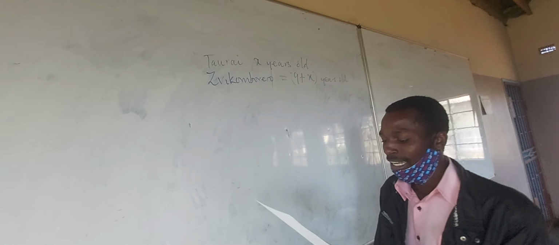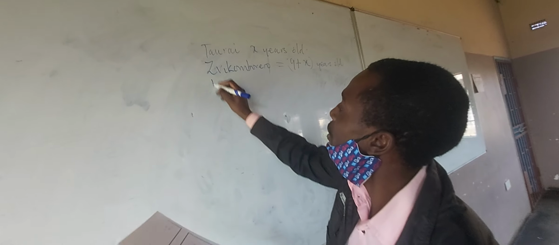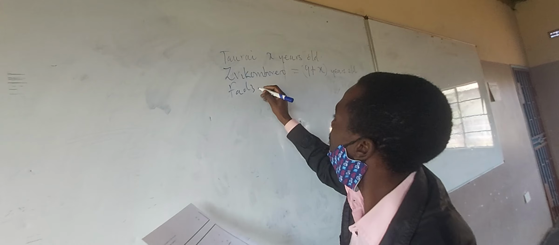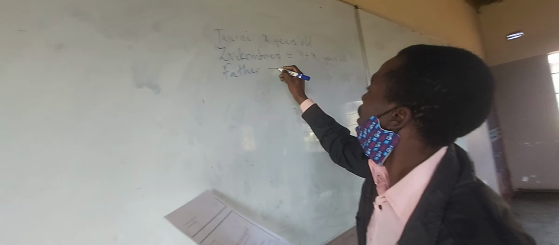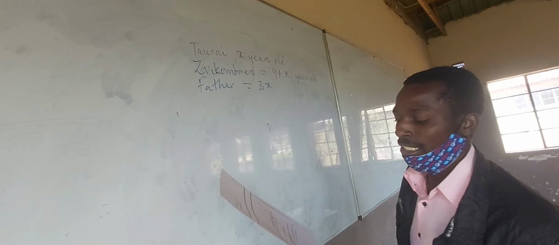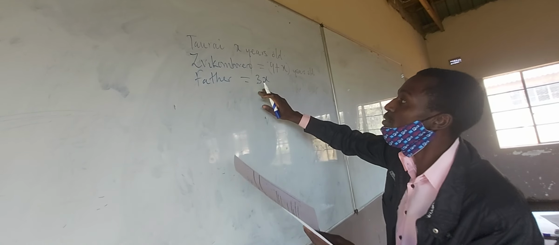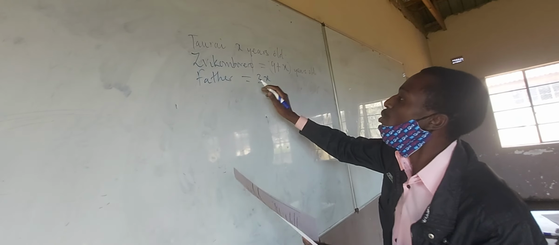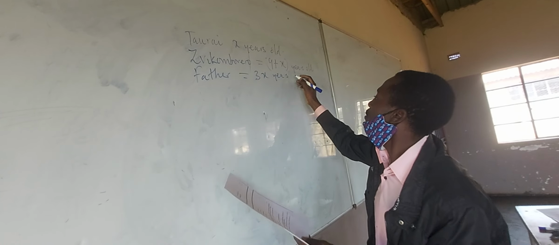Their father is 3 times as old as Taurai. So since Taurai is X years old, the father is 3 times as old as Taurai. So father is 3x years old.